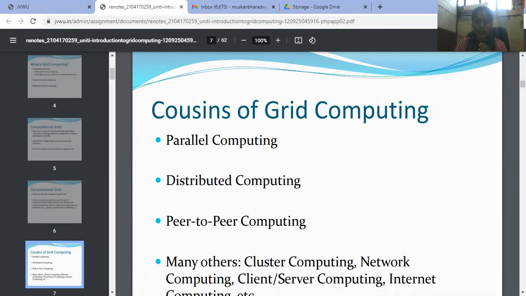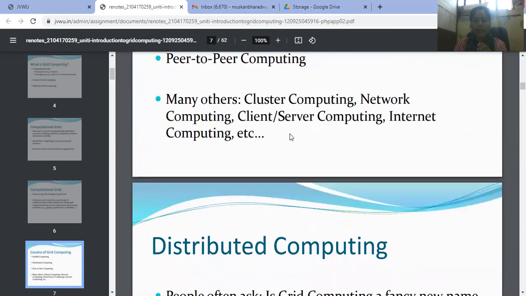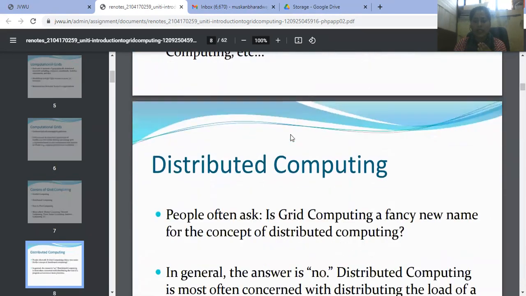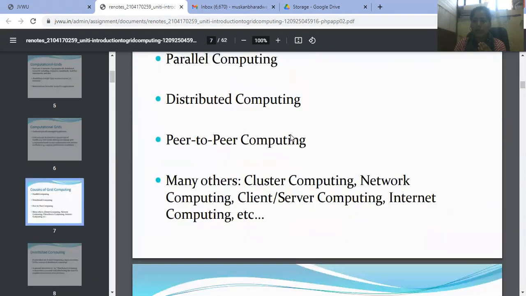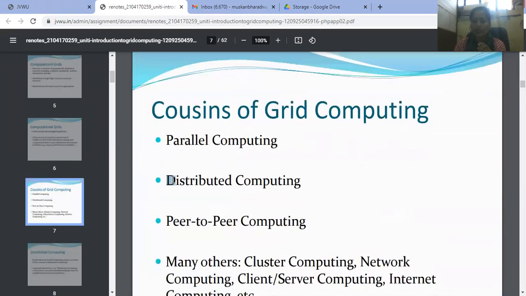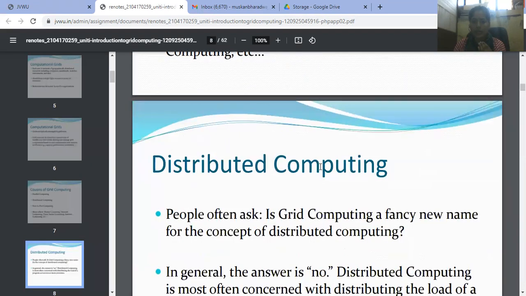The difference here is between parallel computing, distributed computing and peer-to-peer computing. Parallel computing means all the tasks assigned to the computers are working simultaneously, in parallel fashion.